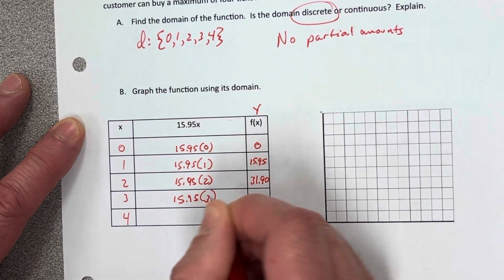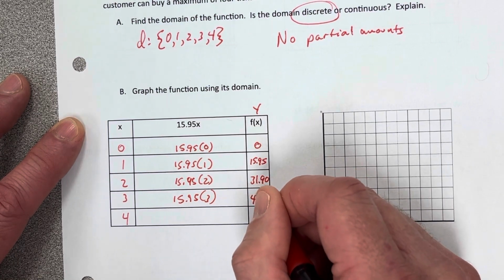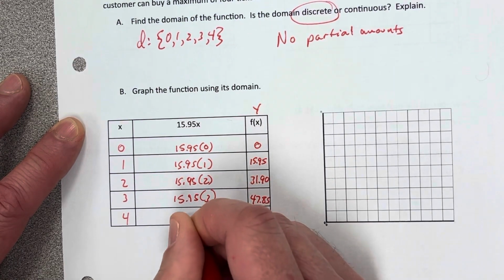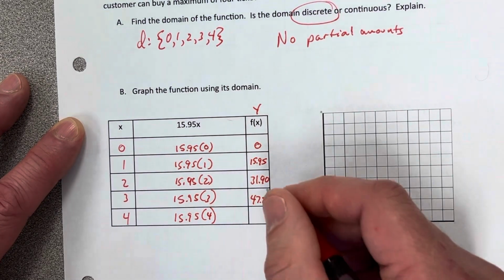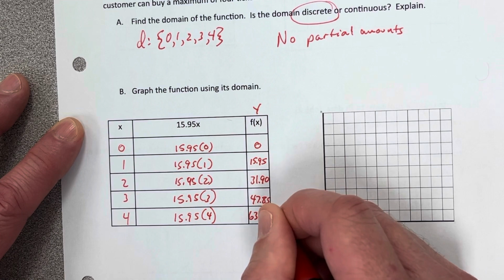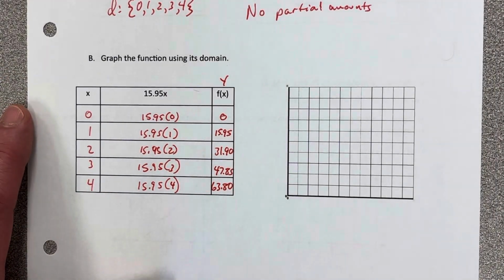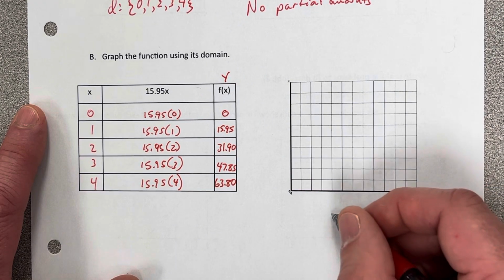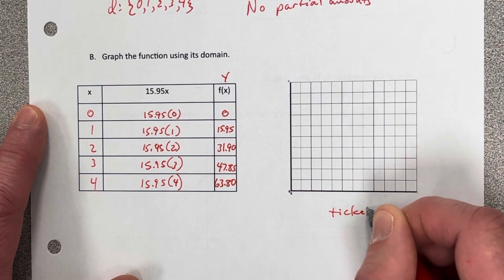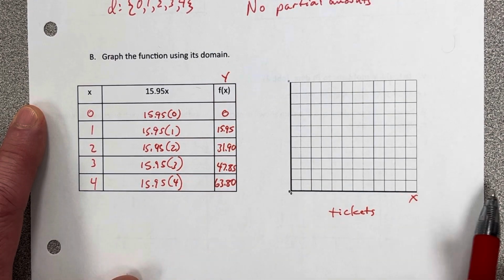15.95 times 3. 3 tickets is going to cost $47.85. And 15.95 times 4 tickets, $63.80. Okay, now to graph this, we weren't given intervals to go by. So for my tickets, which is my X values, I'm going to have to go from 0 to 4.